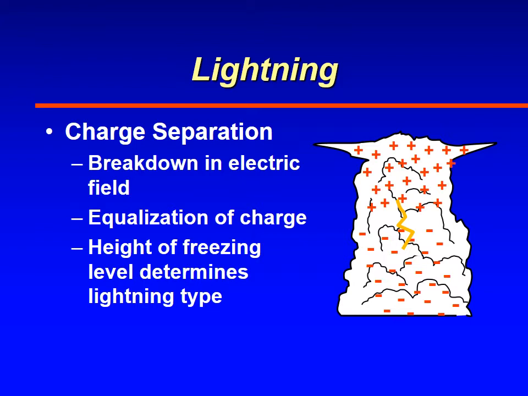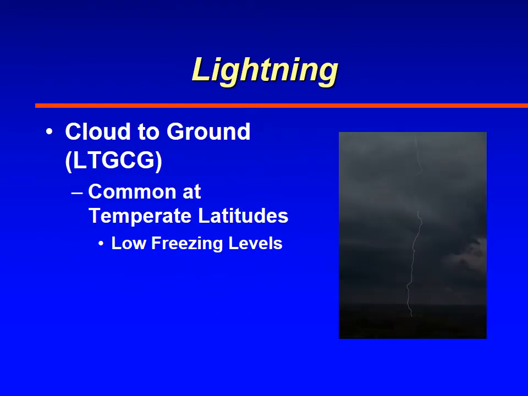And with lightning, the type of lightning that you get, whether it hits the ground or stays in cloud, is determined by the freezing level. With lower freezing levels, a lot of this charge separation is happening close to the ground, and as a result, the lightning strikes do occur to hit the ground. And this is very common in locations that have colder temperatures.